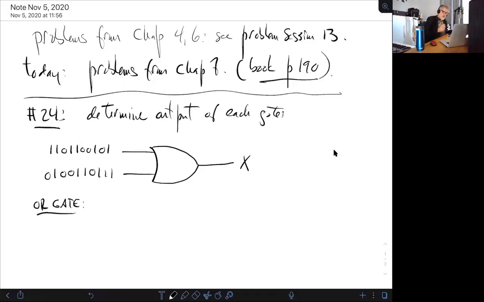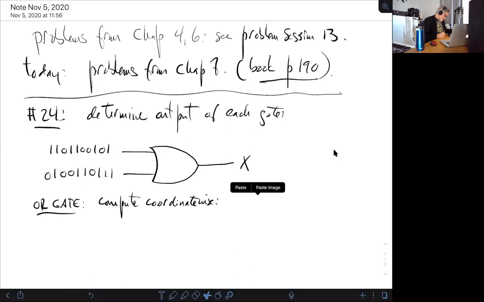When you have sequences as inputs, how do you compute the OR? It's just coordinate-wise, right? So this is not very difficult. I'll just put them one on top of another so that it'll be easier for me.